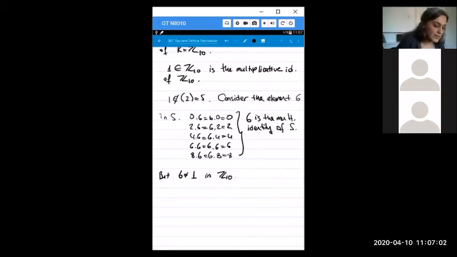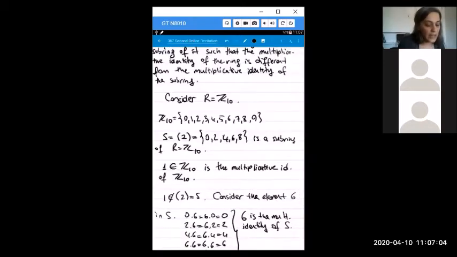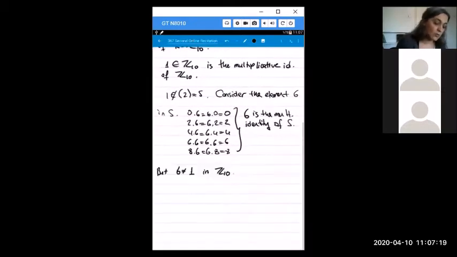So with this example, we have a ring with the identity 1, and one of its subrings, S, generated by 2, and both have multiplicative identities, but they are different. So this may be the case in rings. But additive identities, of course, have to be the same. Any questions?